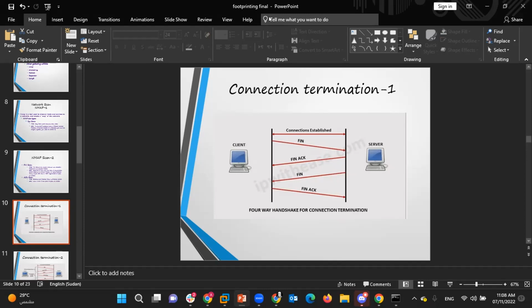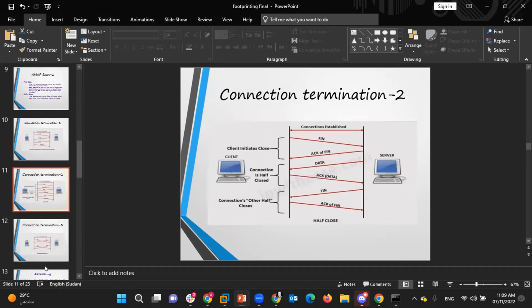Then after that, he immediately sends a FIN packet, saying I'm going to close this connection, to inform the client. And the client informs him, yes, close it, by sending a FIN ACK packet. This is a four-way handshake for connection termination between clients and servers. It's about FIN and FIN ACK.